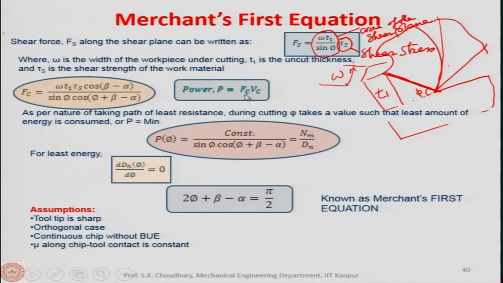Fc is the cutting force component, Vc is the cutting velocity, which is pi d n. As per nature of taking the path of least resistance during the cutting, phi takes a value such that the least amount of energy is consumed, or P is minimum.